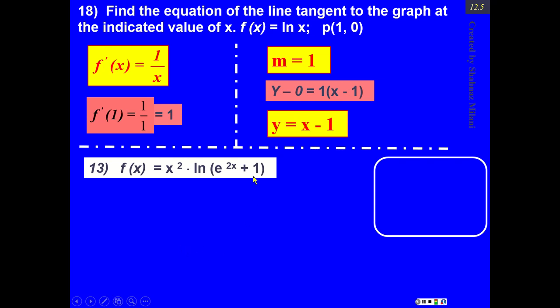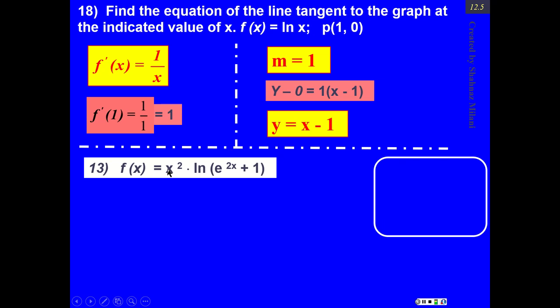And then my second part, it says natural log. That means I'm dealing with the derivative of a natural log. And inside, I have an exponential function. Again, 3 different derivatives. Product rule.